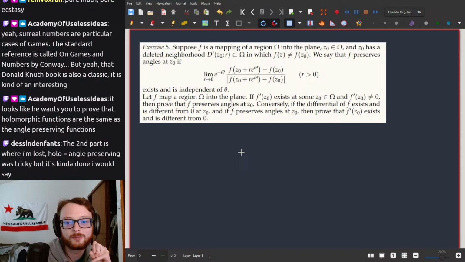Conversely, if the differential of f exists and is different from 0 at z naught, and if f preserves angles at z naught, then prove f prime of z naught exists and is different from 0. Oh god. The second part is where I'm lost. Holomorphic equals angle preserving is tricky, but it's kind of done. So you're asking about the converse piece?